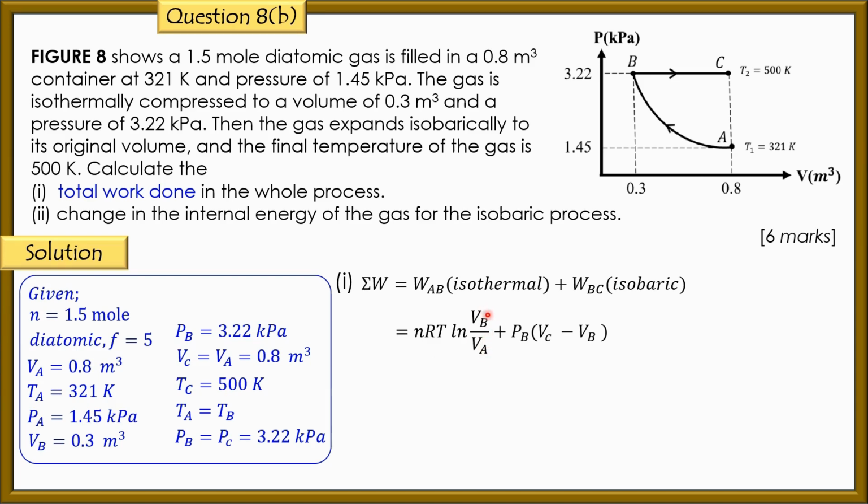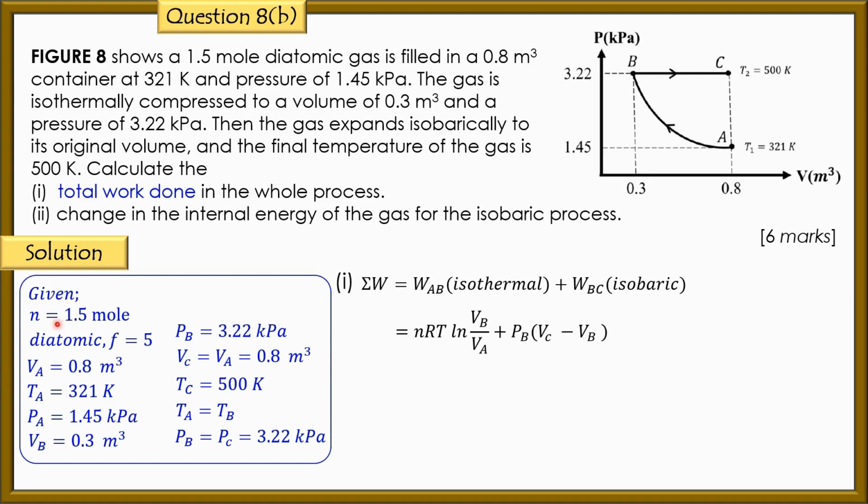In this case, V final is VB because this is isothermal compression, and V initial is VA. For the isobaric process, PB is the pressure, and V final minus V initial. For the isobaric, final is VC, initial is VB.